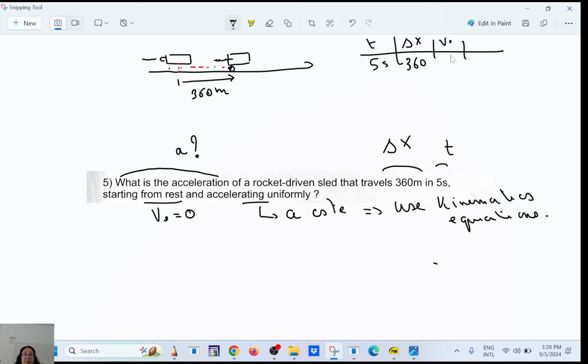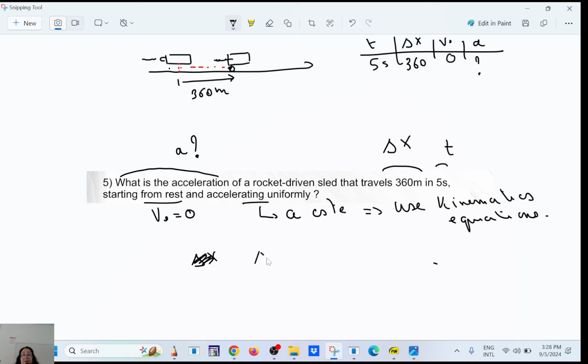Initial velocity is 0. Oh, and you want the acceleration. Okay, so we can do it in 2 steps. Let's see. Oh, yeah, we can use the first one, right?